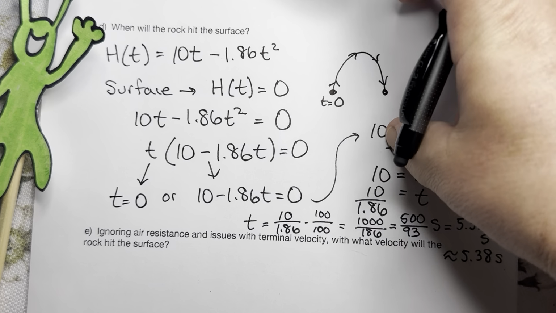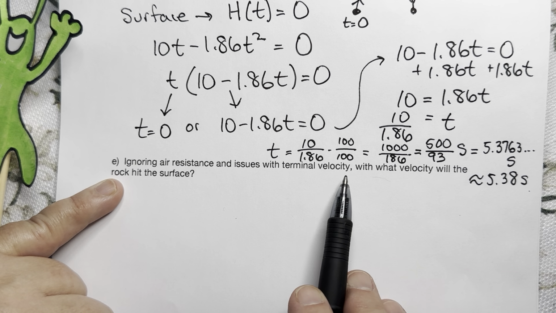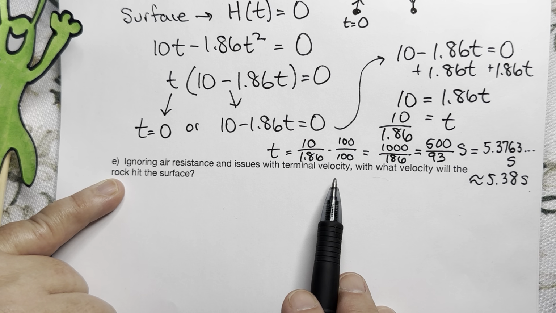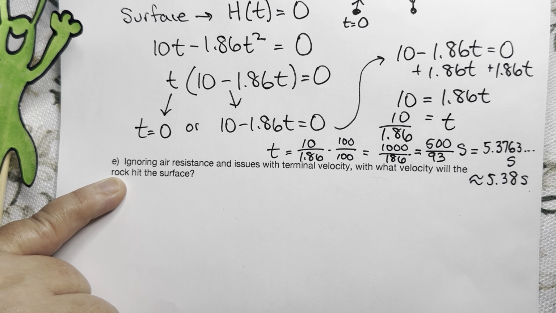So the next question, the last question: ignoring air resistance and issues with terminal velocity. Terminal velocity in a nutshell, for something falling off a building, basically means you can only get going so fast. Unless you're in a vacuum, there's stuff in your way.